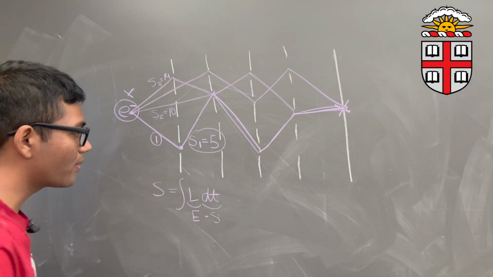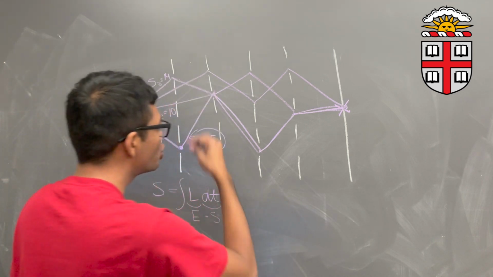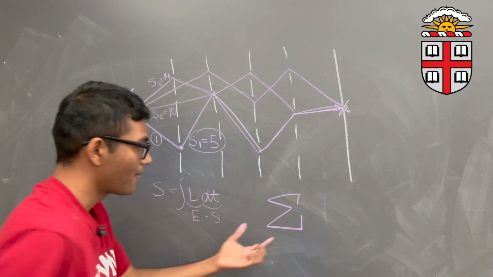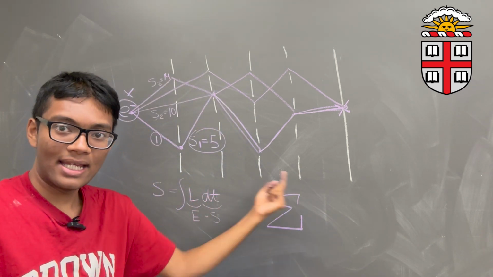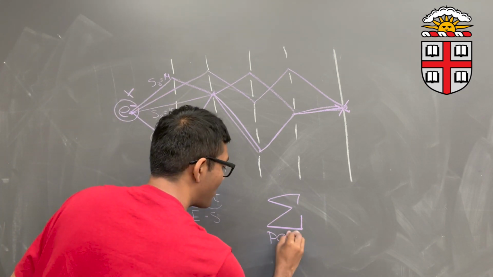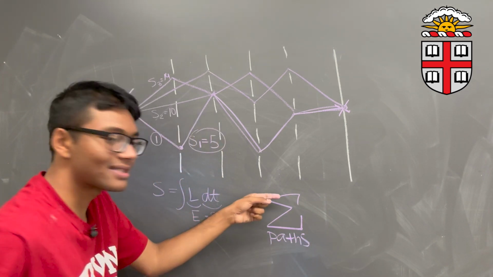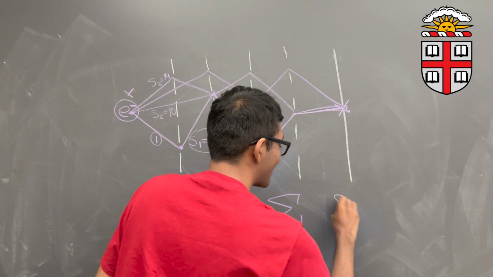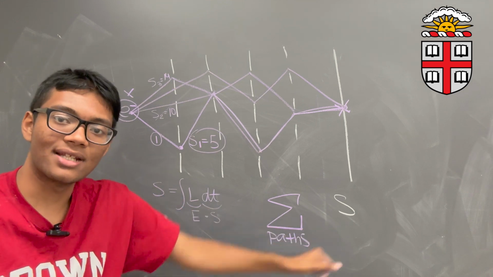So what Feynman proposed is that the true path of the electron is going to be determined by democracy. It's going to be determined by summing over all the possible paths. Okay, this is a sum over all the possible paths where each path has an action S associated with it.